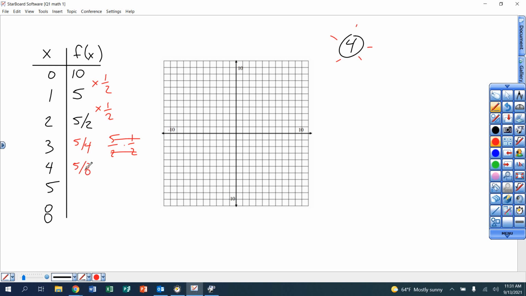You got to know that pattern going downwards like that. So again, 10 times a half, 10/2, 5. 5 times a half, 5 halves. 5 halves times 1/2, 5/4 times 1/2, 5/8 times 1/2, 5/16.